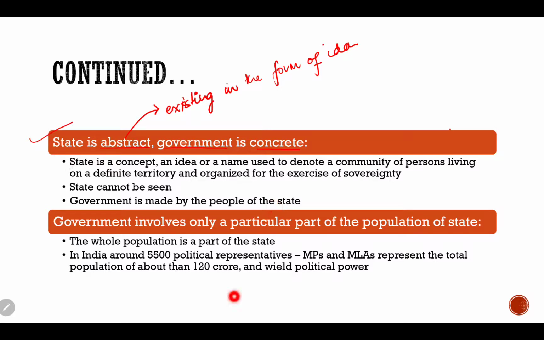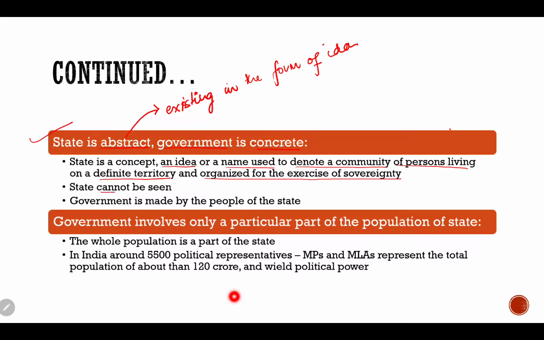So state is abstract, government is concrete. State is a concept, an idea, or a name used to denote a community of persons living on a definite territory and organized for the exercise of sovereignty. So it every time revolves around the same thing, okay.